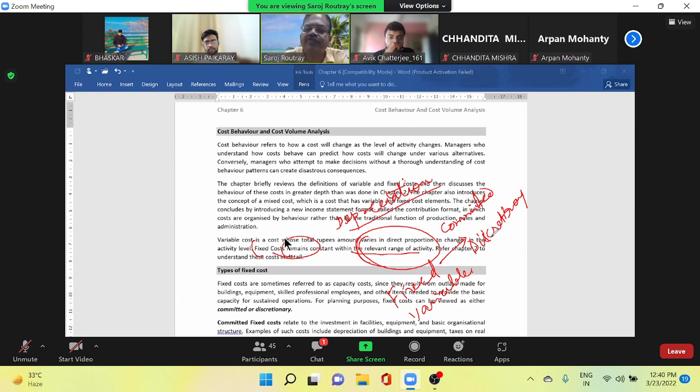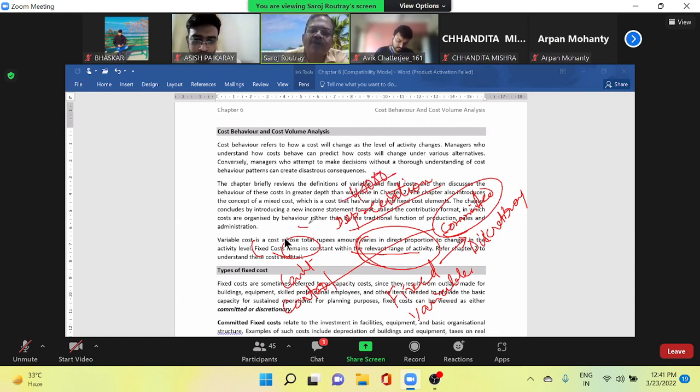What is the benefit of this? The benefit is from a control point of view. If you want to control your cost, committed costs are difficult to control. You can't control them. Why? Depreciation of 40,000, can you control it?